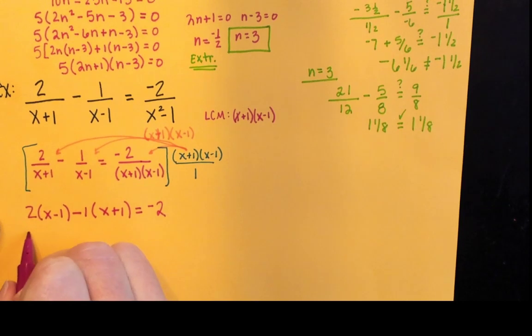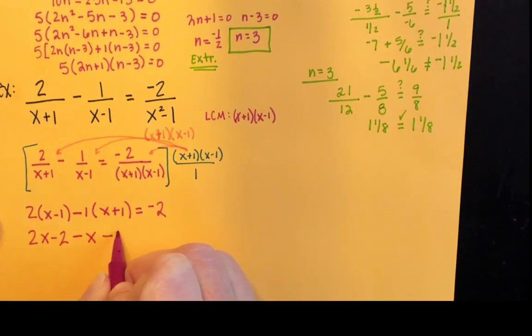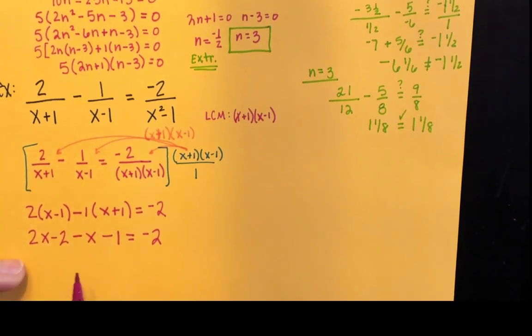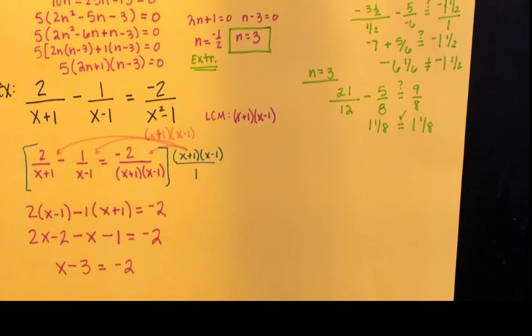So we should end up with 2x minus 2 minus (x plus 1), don't forget that negative, equals negative 2. So you end up with x minus 3 equals negative 2. So this was a really nice linear equation.